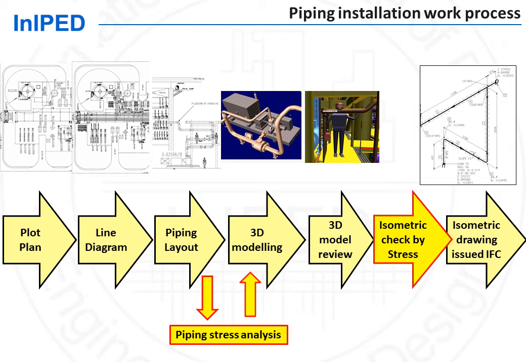In case any changes are required, they are fed back in the 3D model. Finally, before any isometric is issued for construction, it is checked by stress for compliance with the calculation note, in particular the position of supports.